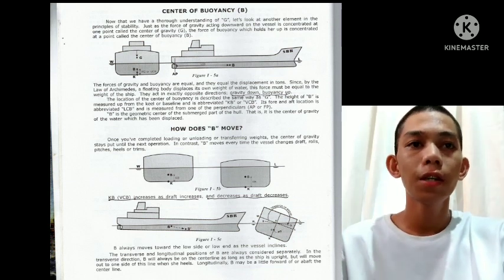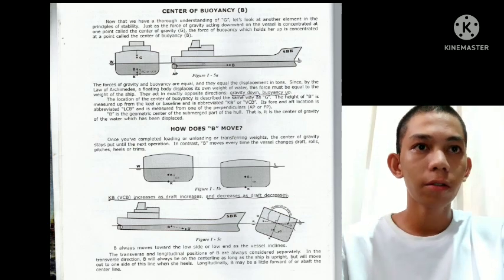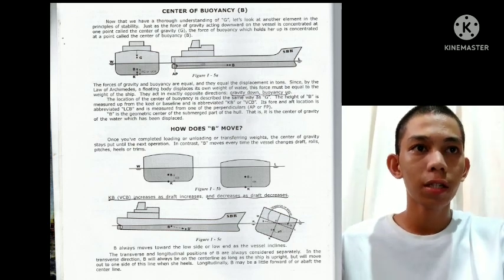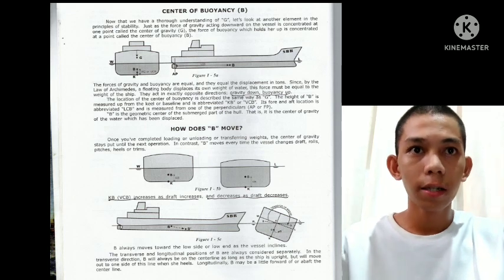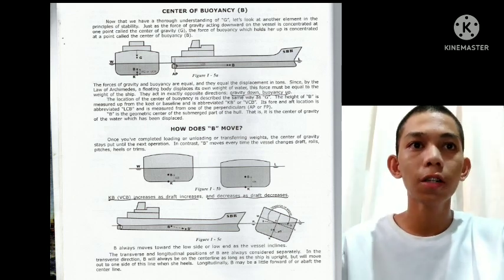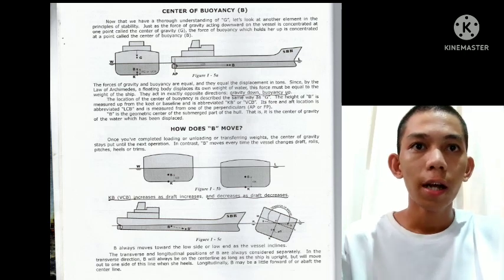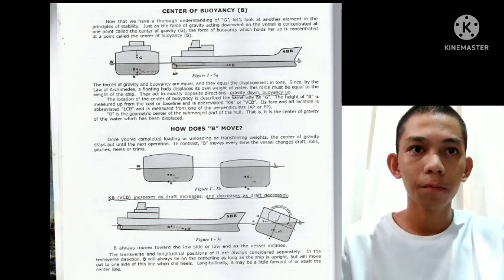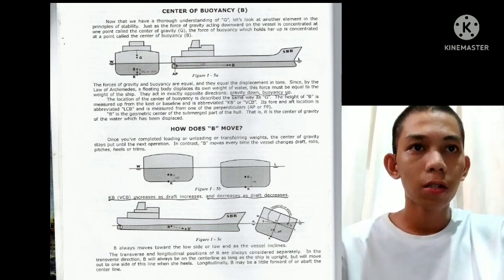How does buoyancy move? Once you've completed loading or unloading or transferring weights, the center of gravity stays put until the next operation. In contrast, B moves every time the vessel changes draft, rolls and heels, or trims. B always moves towards the low side or low end as the vessel inclines.